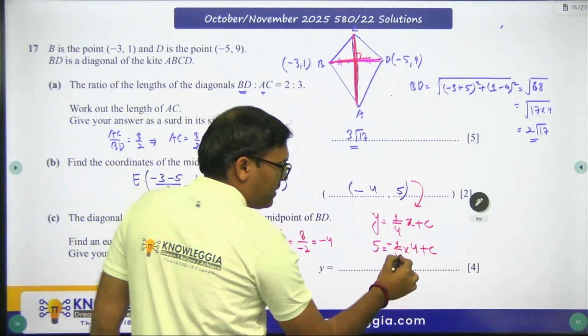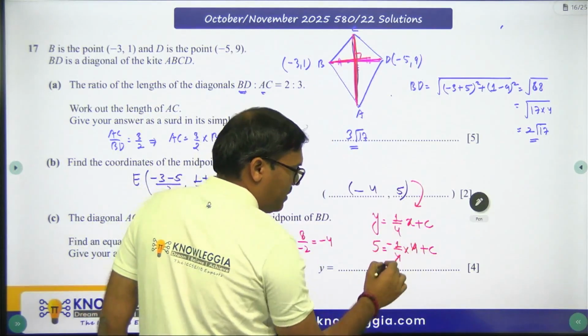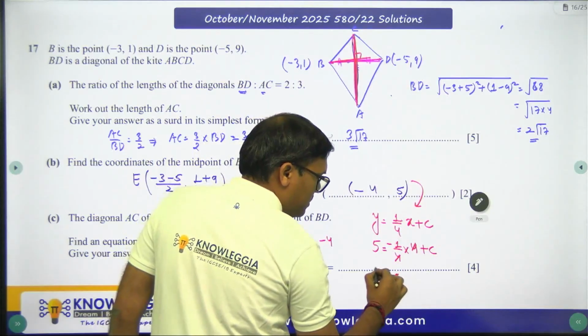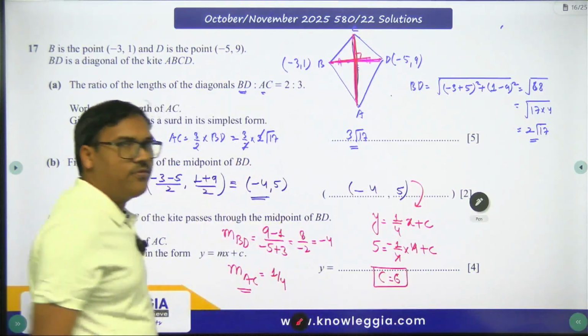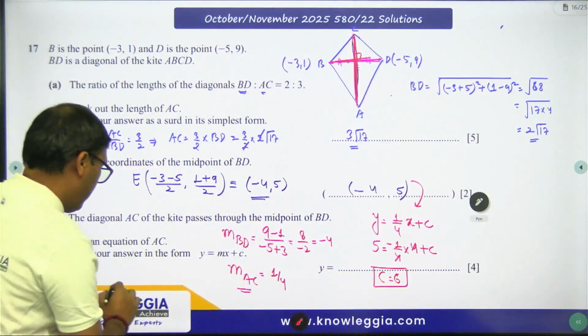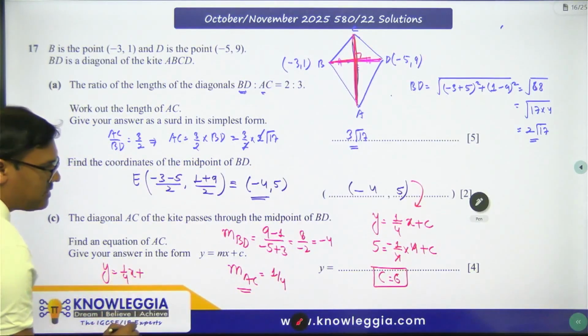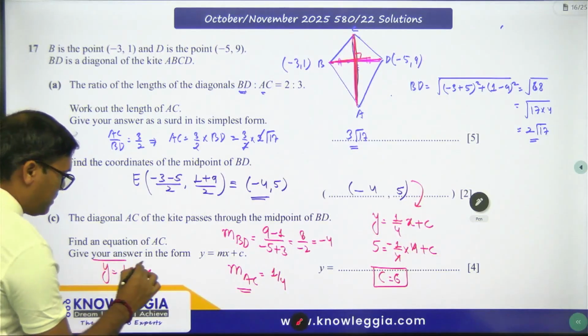So 4 and 4 cancel out, this is negative 1. So what is c? 5 plus 1, which is equal to 6. So what will be the final answer? I write it here: y is equal to 1 by 4 x plus 6. That is the answer.